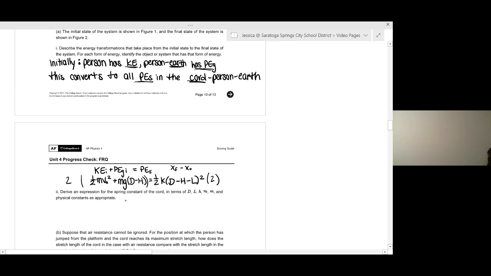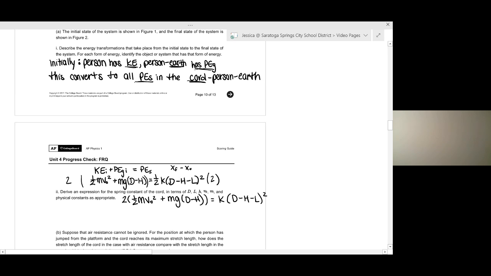Okay, so you can leave the 2 outside of the parentheses, squared plus mg(d minus h). Okay, or you can go ahead and distribute the 2, whatever you want to do. All right, so that equals k(d minus h minus L) squared.